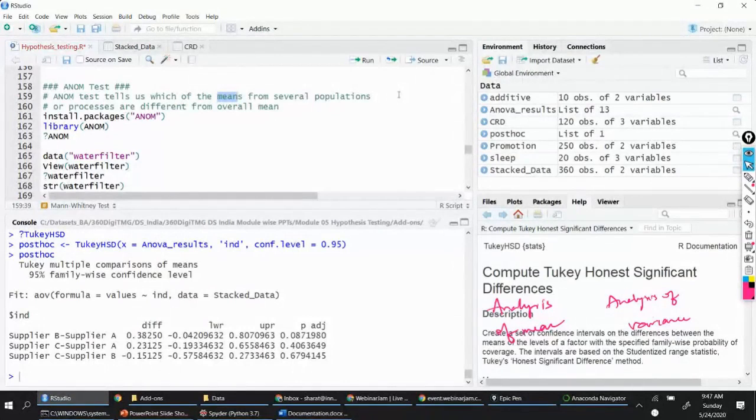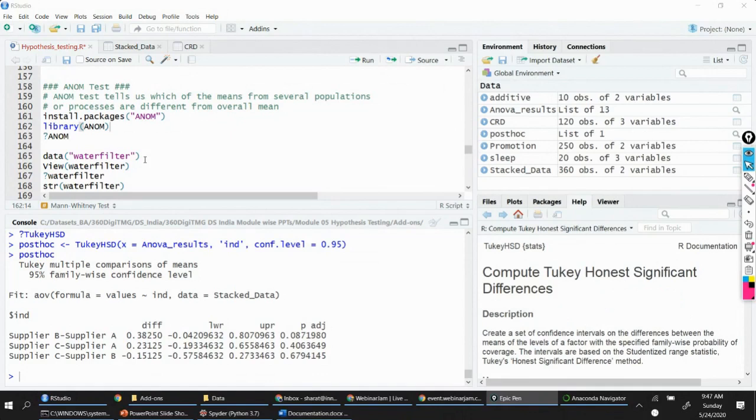Whereas in ANOM, it tells which mean from the several means that we have is different from the overall grand mean. And the ANOM test basically gives us a diagram, a pictorial representation. So let us try and do that.